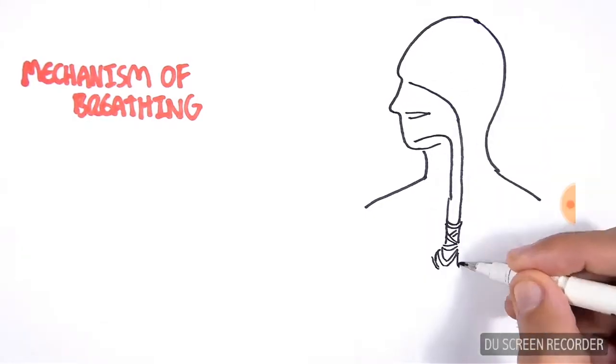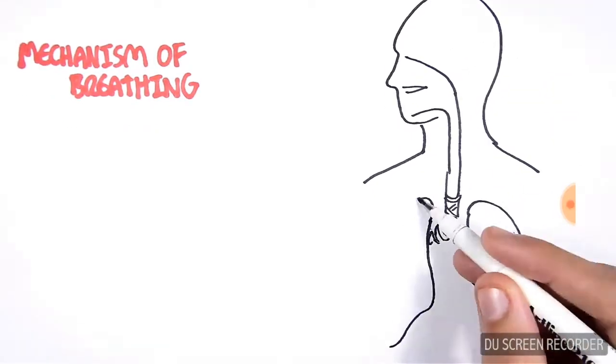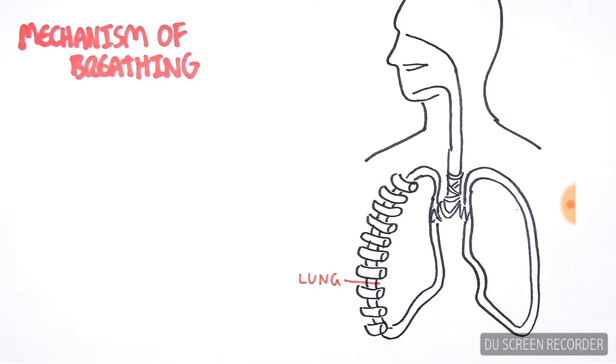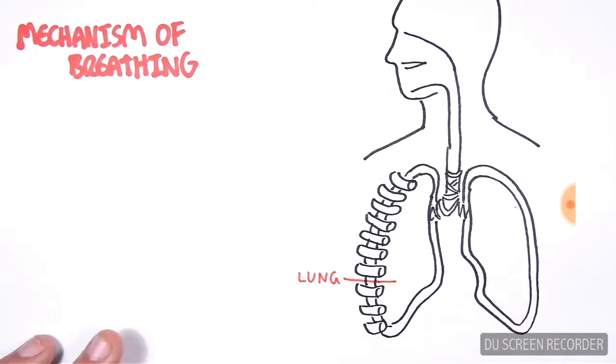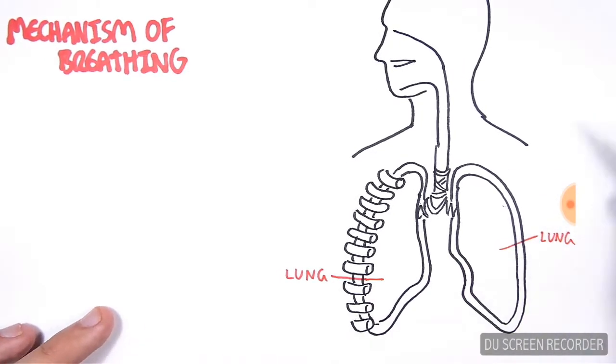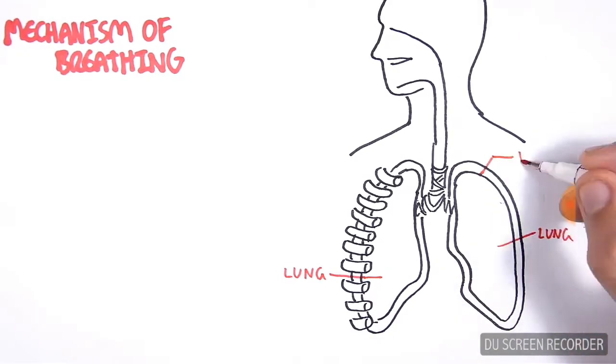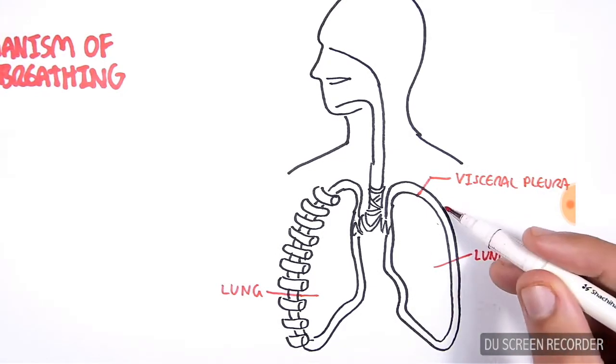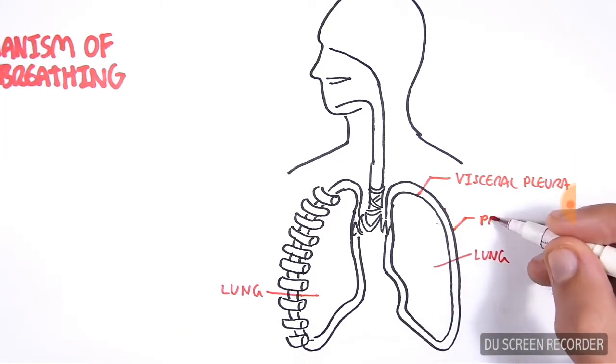Well, here I'm drawing a guy with his respiratory tract: the nose, the mouth, the larynx, the trachea, the bronchi, and the lungs. Here are the lungs. Surrounding the lungs, we have visceral pleura, which is a type of serous membrane. Then we have another pleura around it called the parietal pleura.